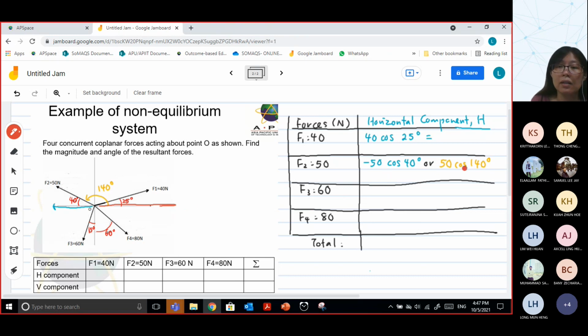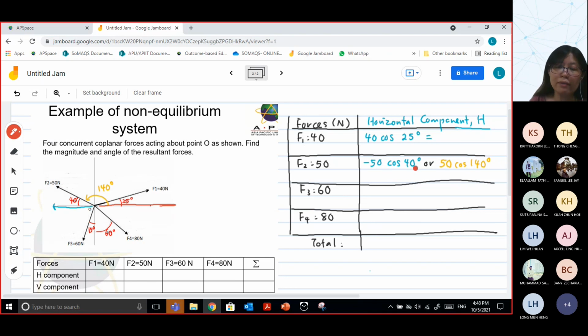Then you don't need to put the sign for cos 140, because 140 is actually in the second quadrant, and the second quadrant is always negative for cos. So you don't need to think about the sign. You just put cos 140. When you calculate in the calculator, it will give you the sign. So you understand what I'm trying to say.